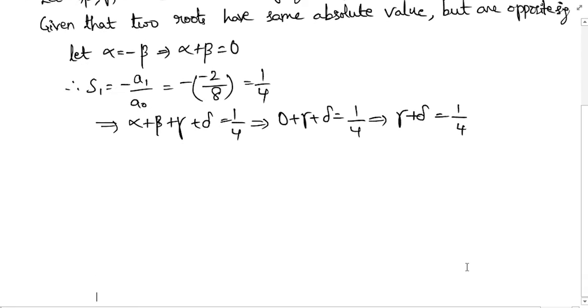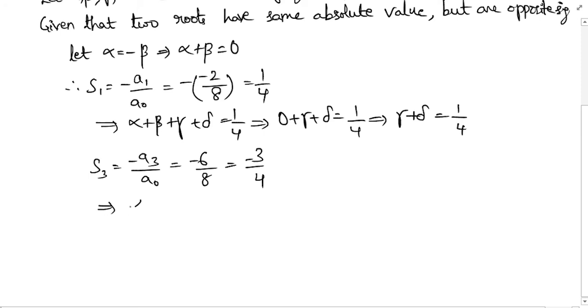So now we know that S3 is equal to minus A3 by A0, right? So that means here it is minus 6 by 8. That is equal to minus 3 by 4.